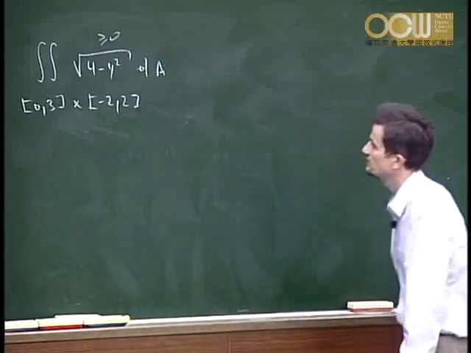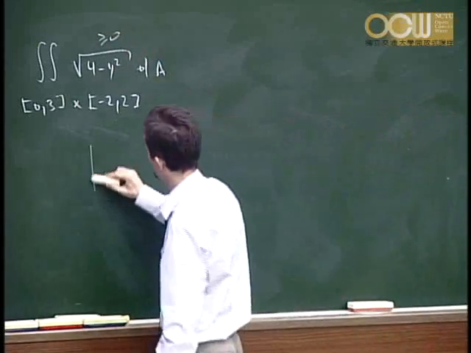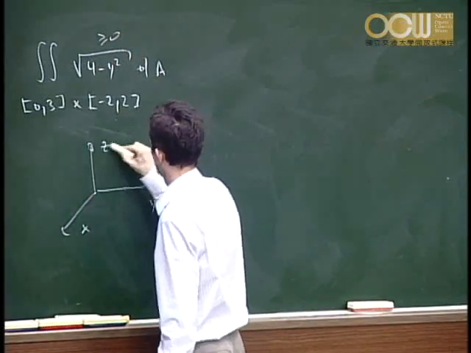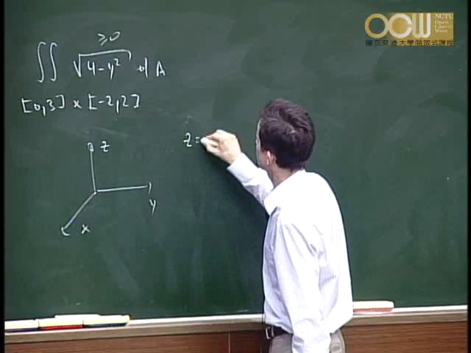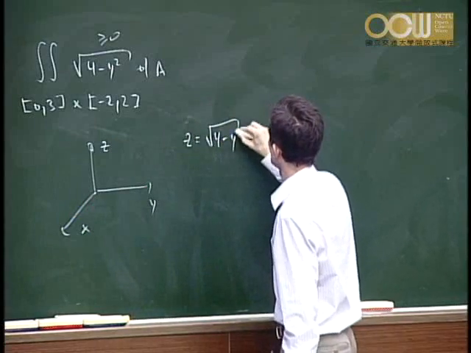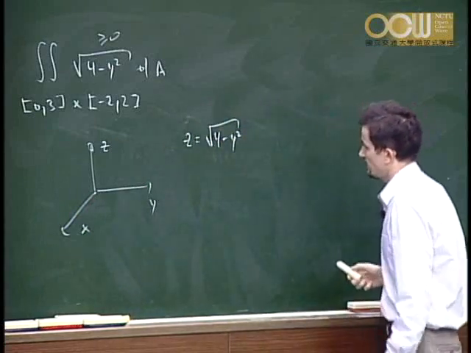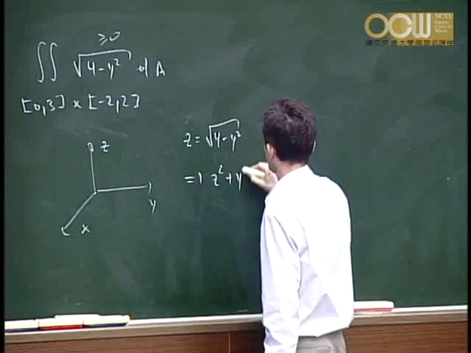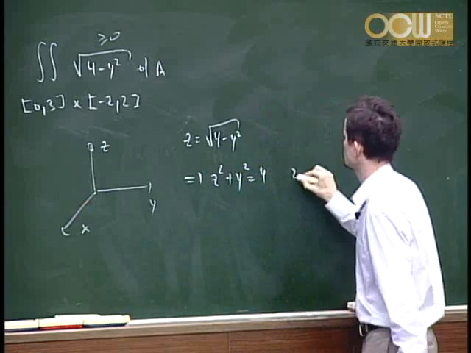So what we have is, okay, z is equal to the square root of 4 minus y square. So what we have is z square plus y square is equal to 4, and z is larger or equal than 0.